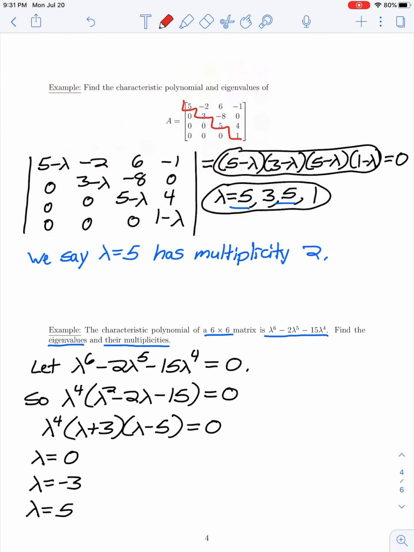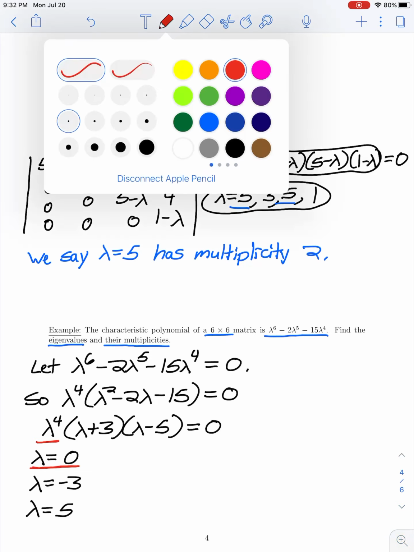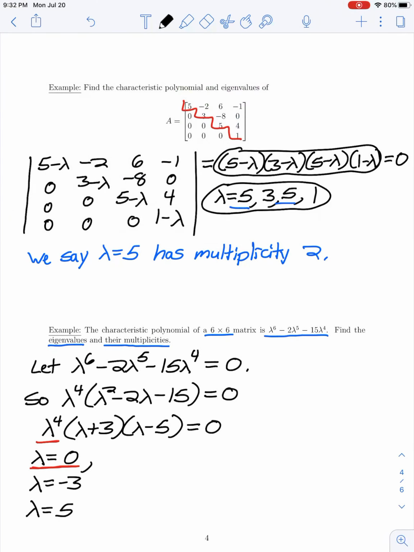So for our first one, lambda equals 0, we saw that the term lambda to the 4th, or lambda minus 0 to the 4th, or lambda minus 0, that factor appeared 4 times within this characteristic polynomial. So the 0 eigenvalue would have a multiplicity of 4.